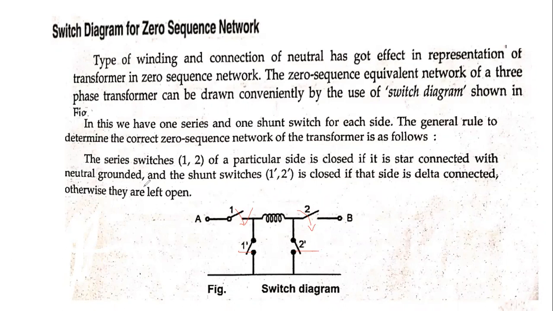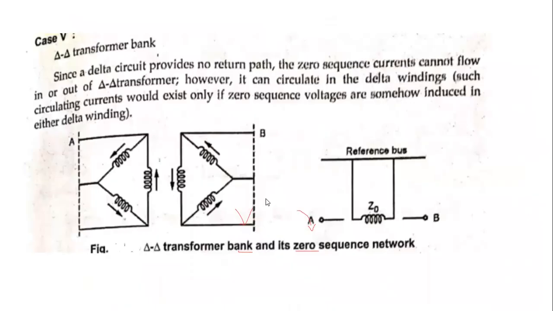These are some of the assumptions for the switching zero sequence networks, which will be equivalent in the case of a zero sequence network of a three-phase transformer, for example the delta delta connection.